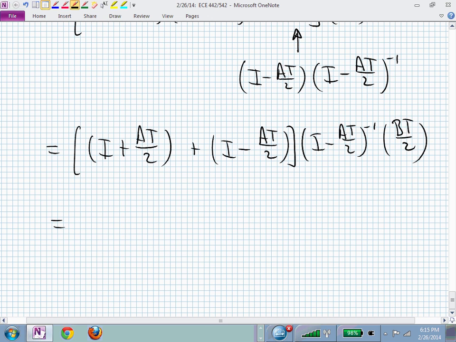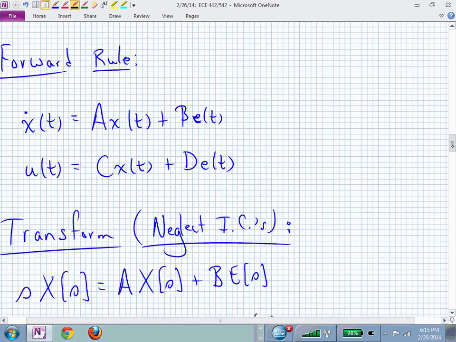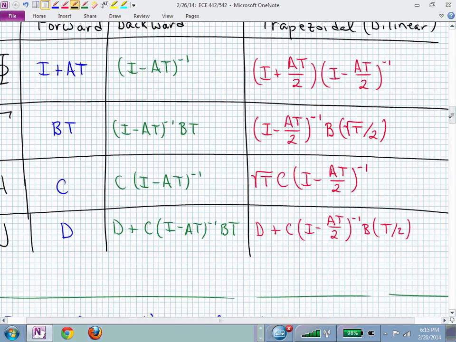And this is why I made a mistake before. Thank you for saying 2I. I got way ahead of myself and just called that an I in my notes, so I'm going to have to correct that. My table up here is in error.